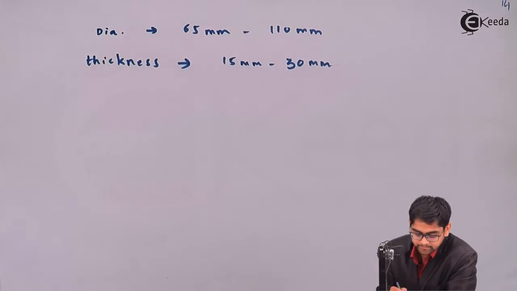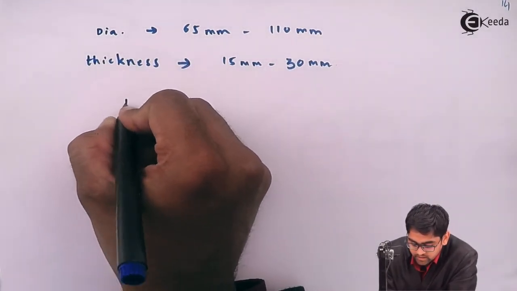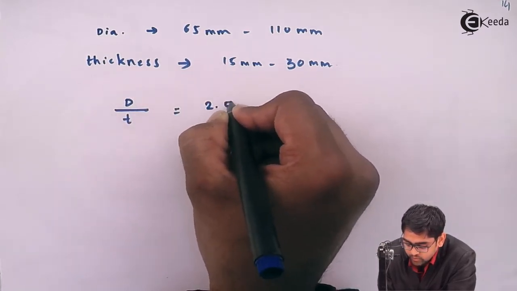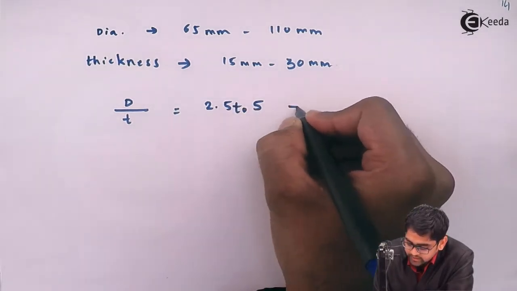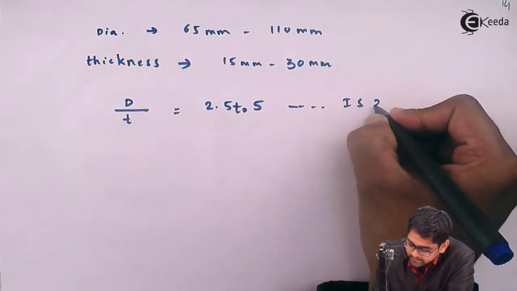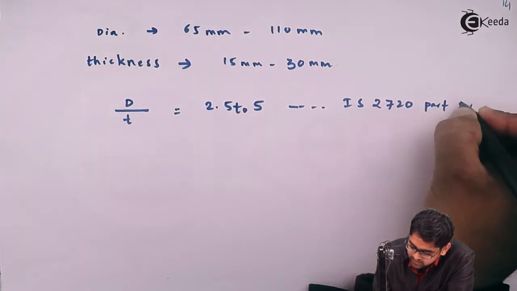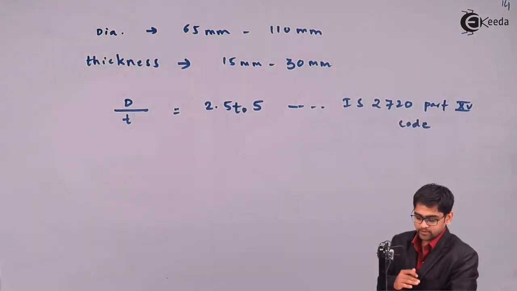Remember, the ratio of diameter to thickness is kept between 2.5 to 5. This is as per the IS 2720 part code, the procedure as per the Indian standard codes.